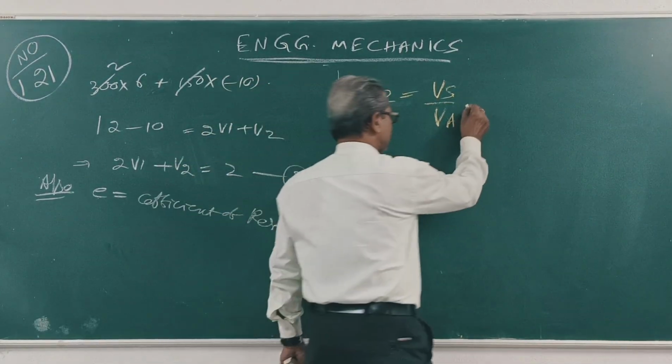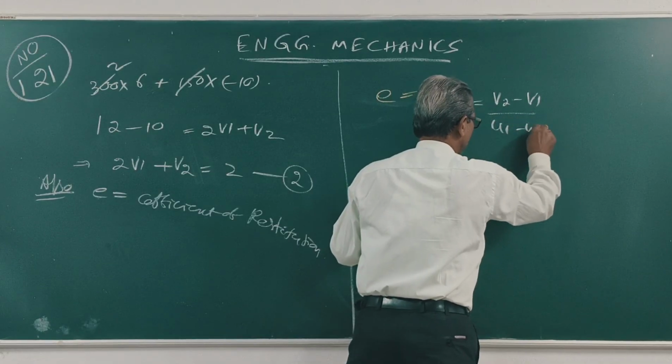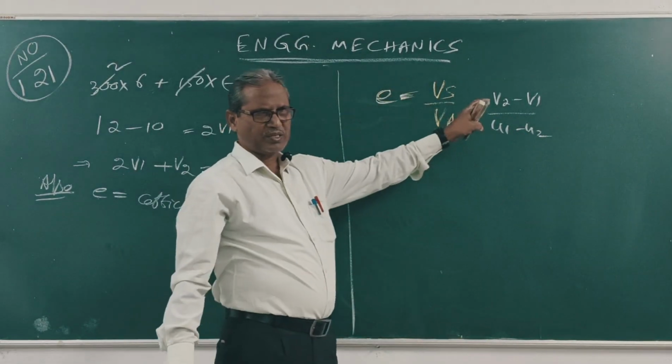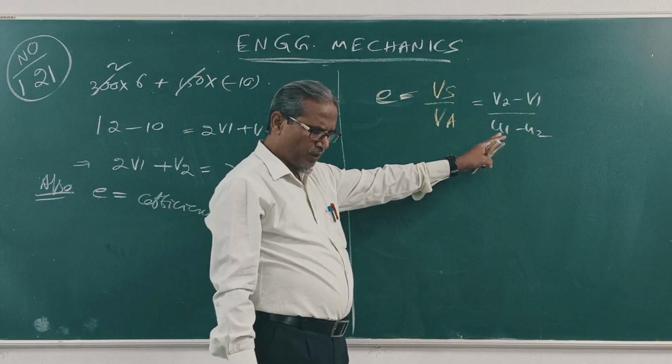That is, Vs is V2 minus V1, and Va is U1 minus U2. Velocity of separation after impact by velocity of approach before impact.